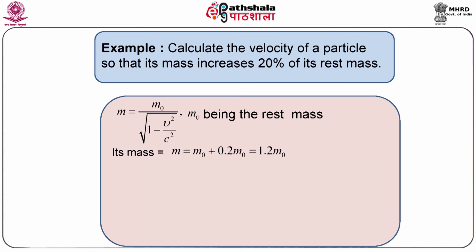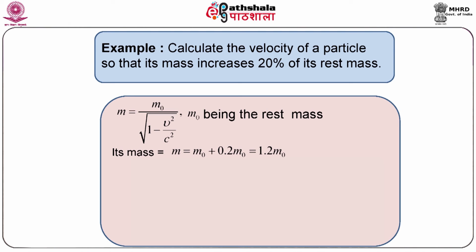Here m0 is the rest mass, that is the mass in the frame S dash, which is moving with respect to fixed frame S with a velocity v in the direction of the common x axis. m is the mass of the same object in fixed frame S. c is the speed of light.